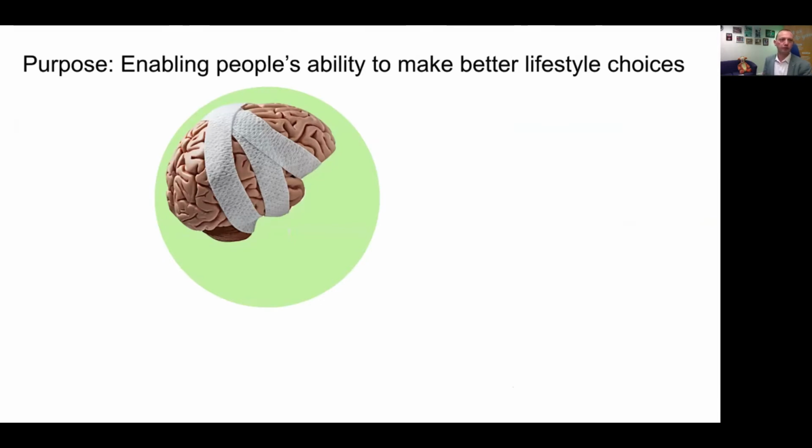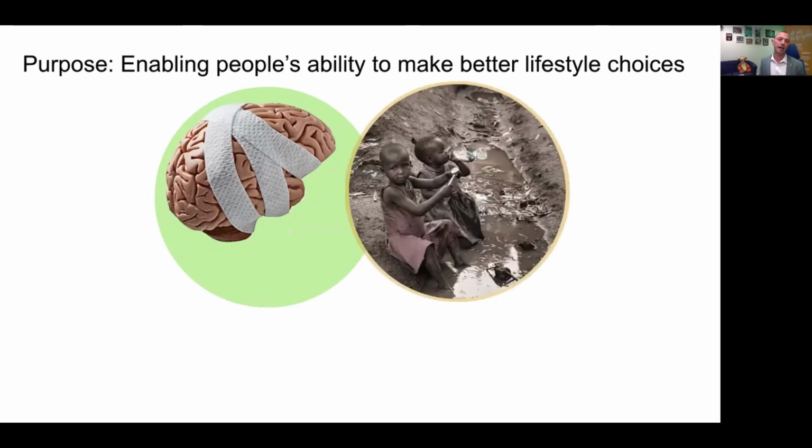From a personal point of view, my purpose is enabling people's ability to make better lifestyle choices, and that's on 3 levels. One is I raise charity sponsorship. I do sponsorship events to raise money for charities that help people recover from brain injury, because the brain is really responsible for us making choices, and that can inhibit it.